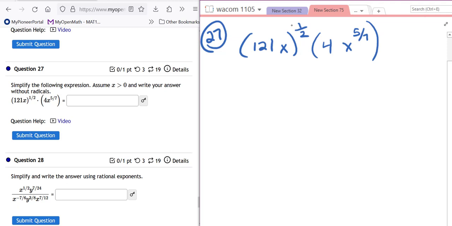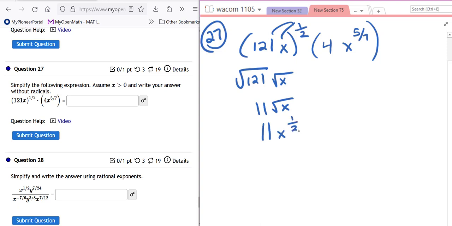This 1/2 is going to go to both. And square root of 121 is a perfect power. Right, so this is 11. So 11 times the square root of x, but they want the answer without radicals. So this is going to be 11x to the 1/2. We were able to simplify the 121.